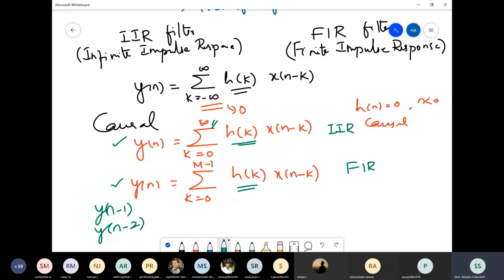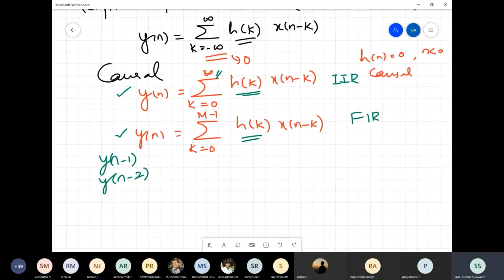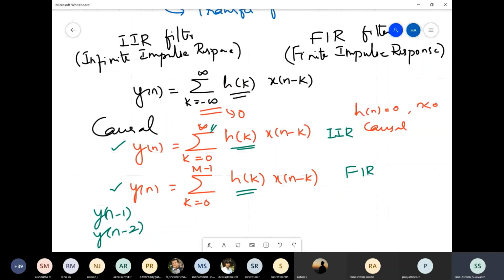First of all, the IIR filter is also called a recursive filter. Shall I put it here under this comparison so that it will be easier to write down. So that's the equation for IIR and FIR.